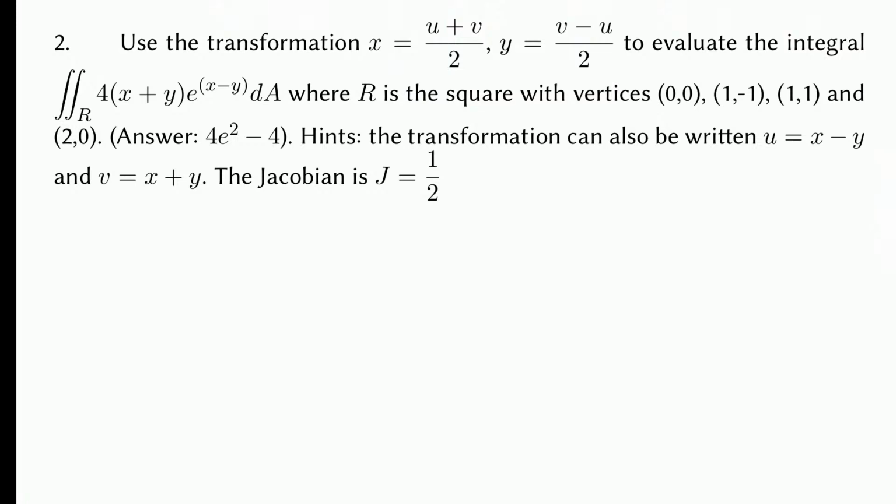Here's something I thought would be helpful to you on an exam. You have the transformation, which I give to you, and then here's the integral, and I tell you this stuff, and I've got a couple of different hints. The answer is given to you because of the double integral. You remember the story about the guy in 1997 who had the fancy calculator. Anyway, I have the two hints. The transformation could be written like this, after doing the algebra.